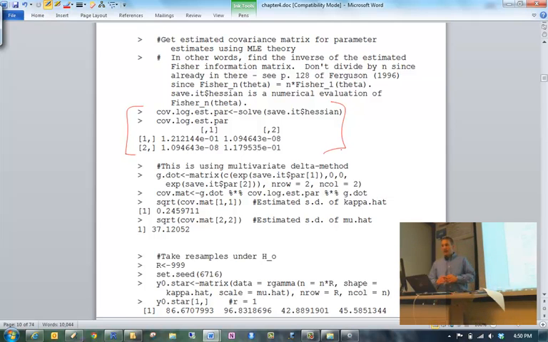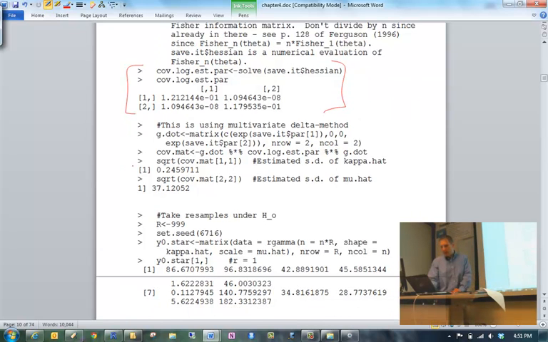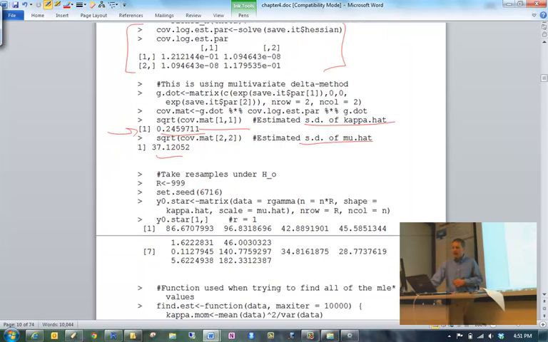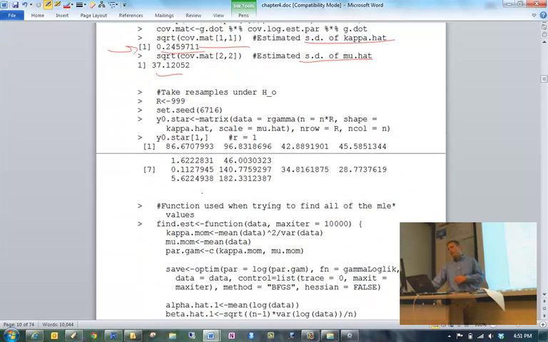Without going into the details then, you can use the multivariate delta method. And eventually come to a point where you find, here, I'm not going to write it out, the estimated standard deviation of kappa hat and the estimated standard deviation of mu hat. Now we can get to some resampling.